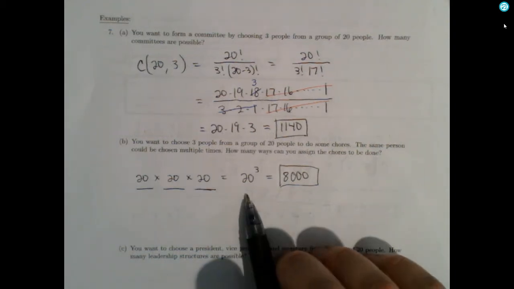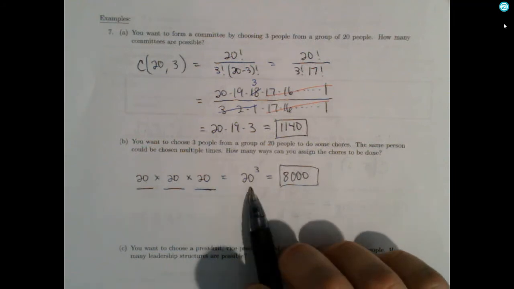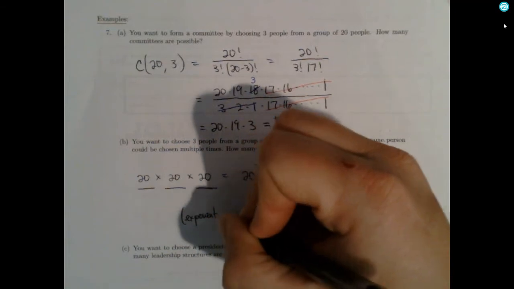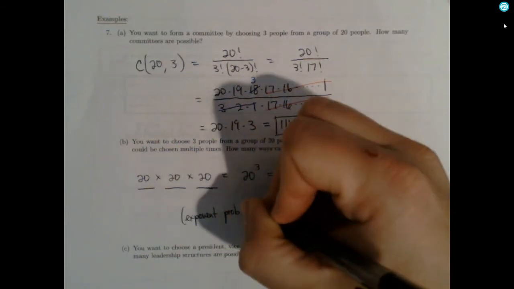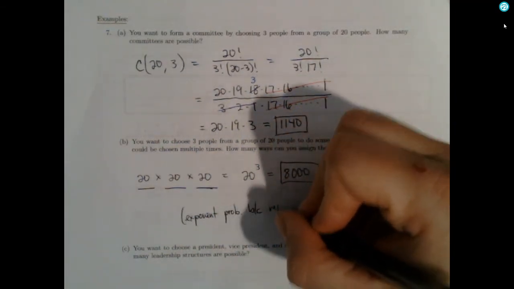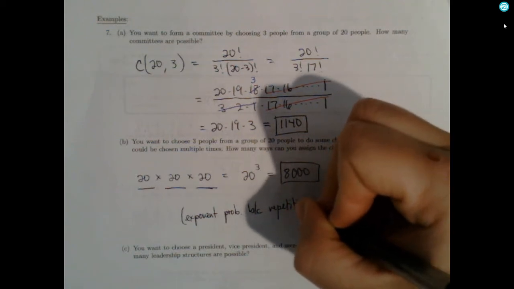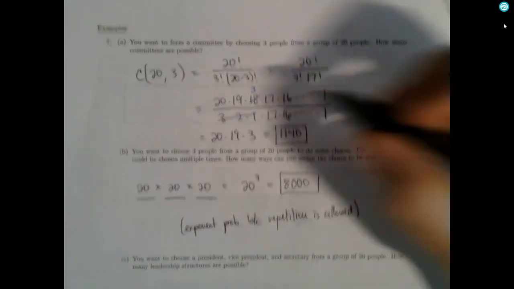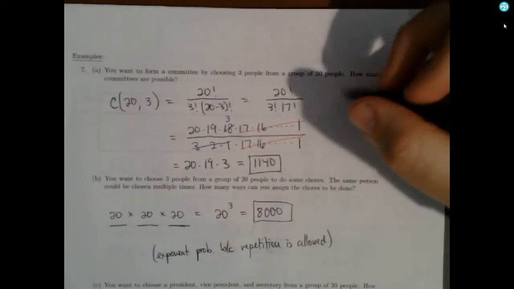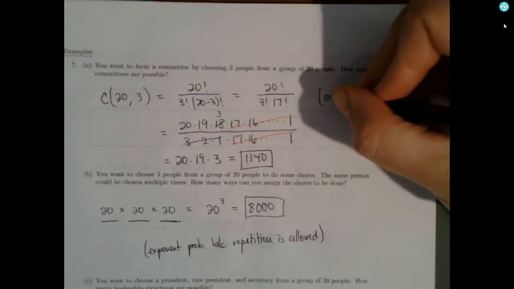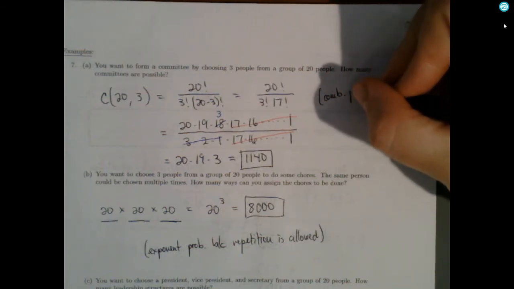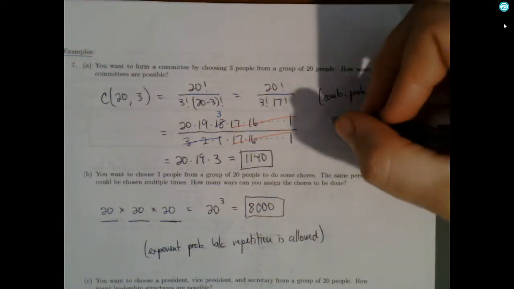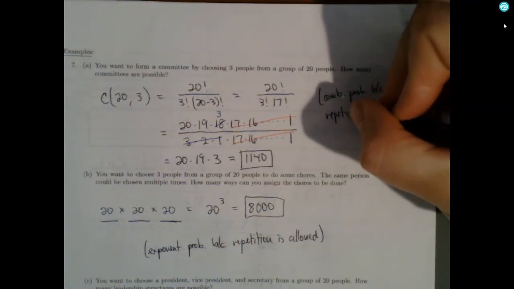Okay, so this was an exponent problem because repetition was allowed. The part A was a combination problem because repetition was not allowed, right?